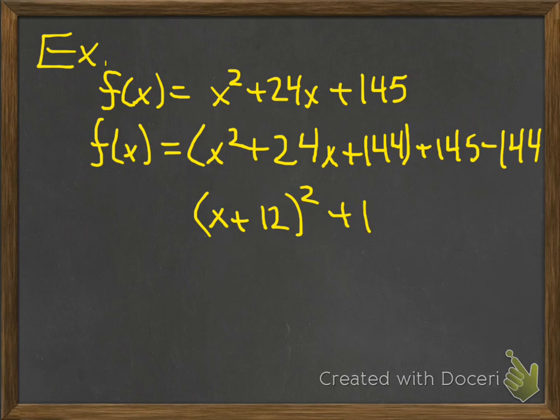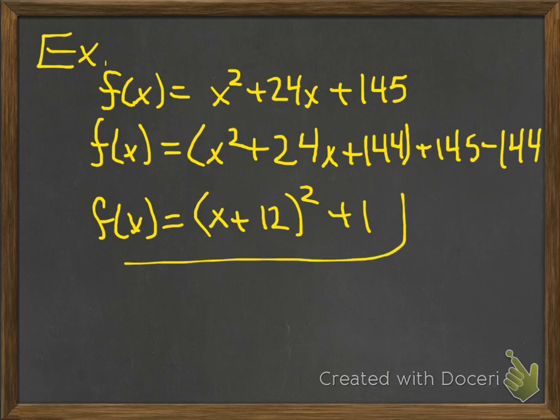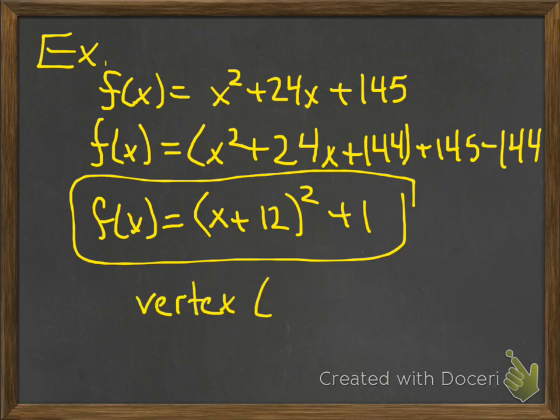So I'm able to take both steps at the same time, and it usually makes it a little bit easier. There's my vertex form. And then my vertex is -12, comma 1.